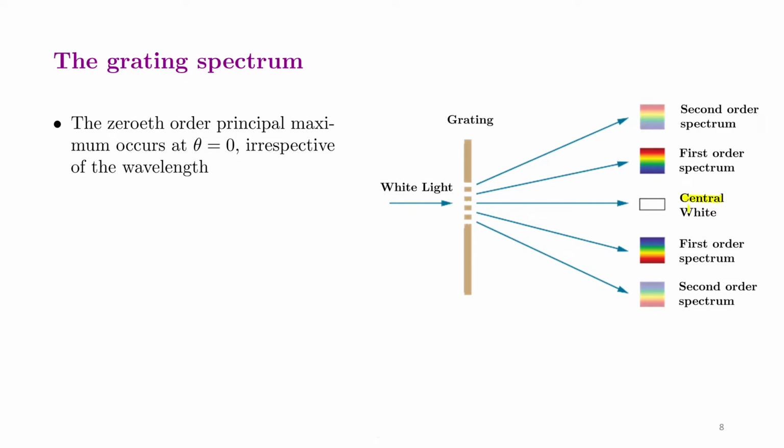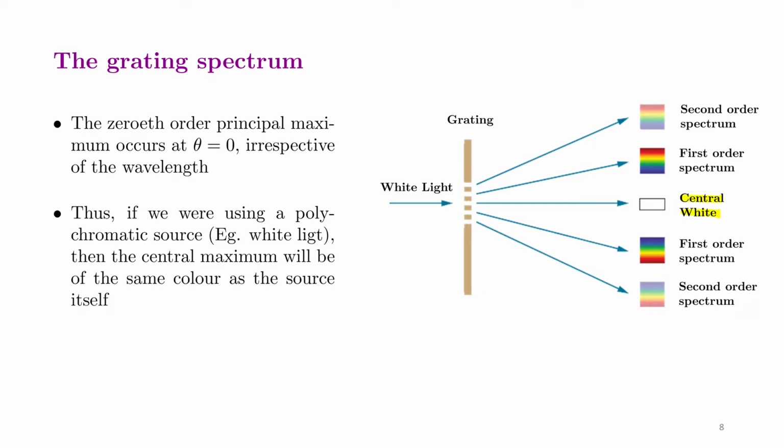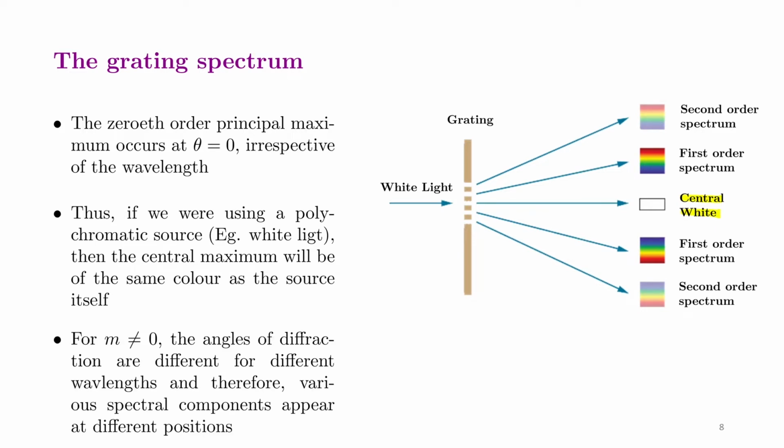The 0th order principal maximum occurs at theta equal to 0 irrespective of the wavelength. Thus, if we were using a polychromatic source, then the central maximum will be the same color as the source itself. That is, if you use white light, the central maxima will be white in color.